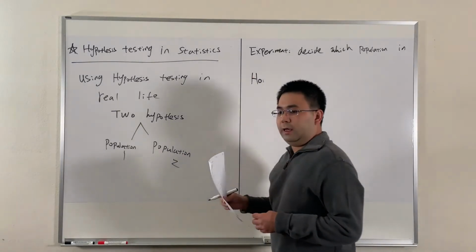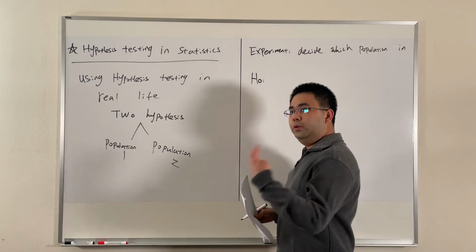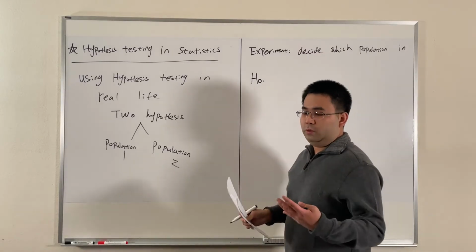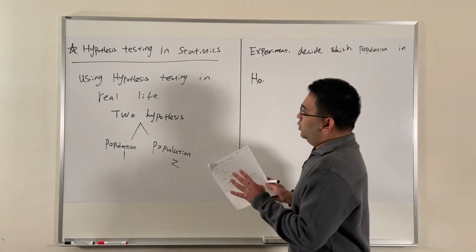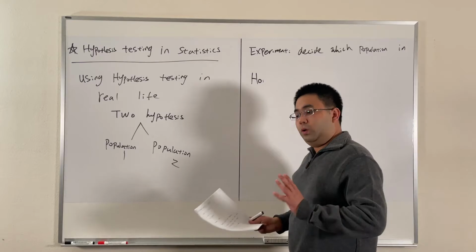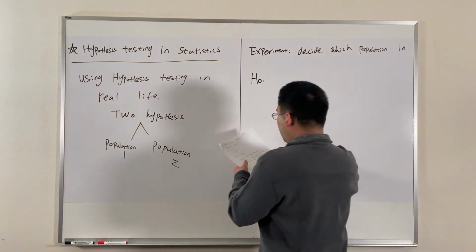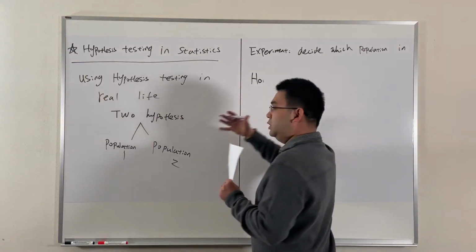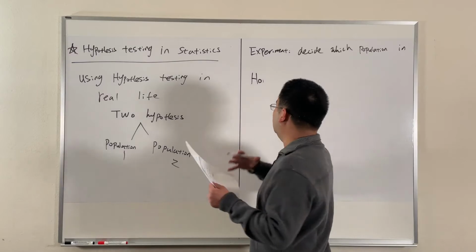So if we are looking at whether naps can help you reduce your homework time, right? If that's the question, then what are the two populations that we're looking at? The null hypothesis, remember, is the no change or the boring or the status quo.